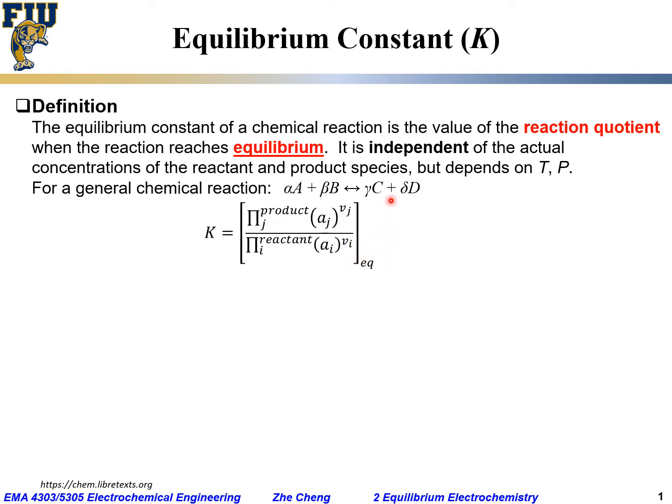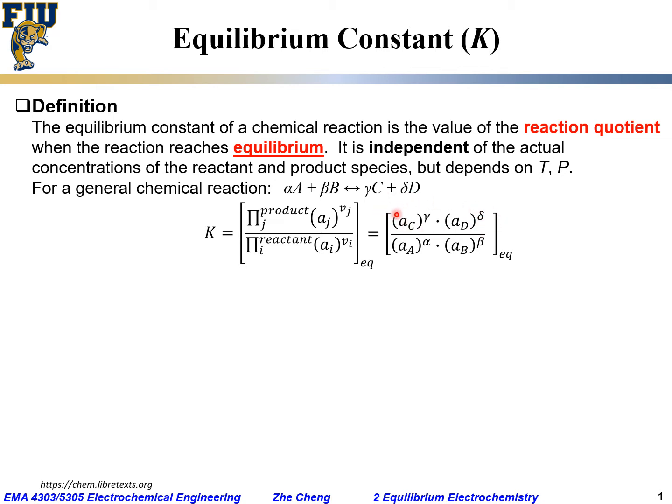For this specific example, it will be the activity for product C raised to the power of gamma times the activity for product D raised to the power of delta.